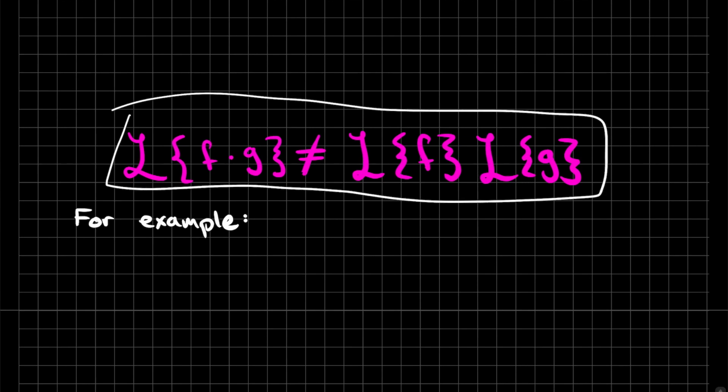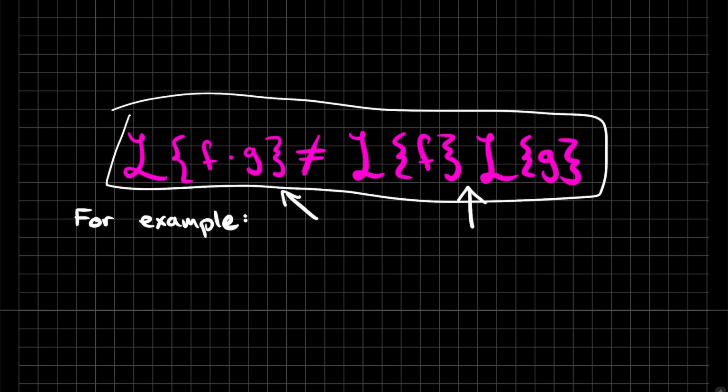It would be nice if we knew what the inverse of the Laplace of f times the Laplace of g is. So what we want to know is the inverse of the right side. We wish that it was this on the left.